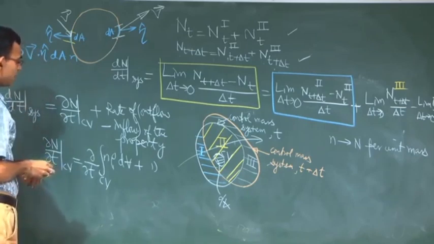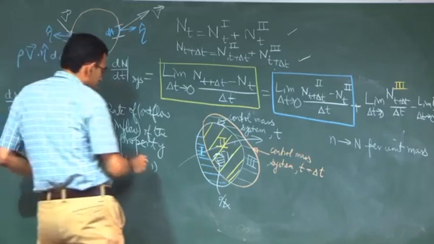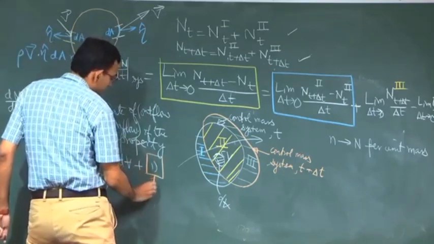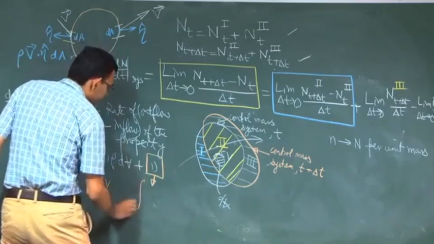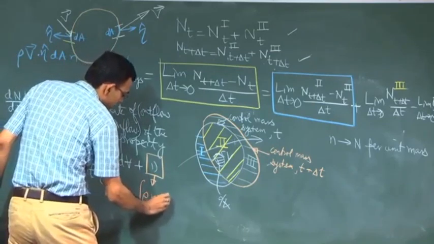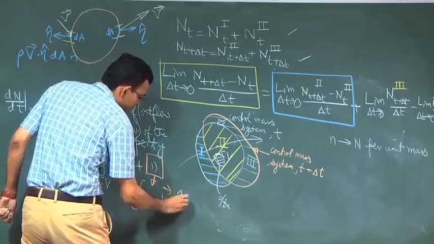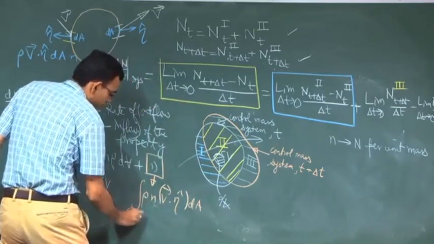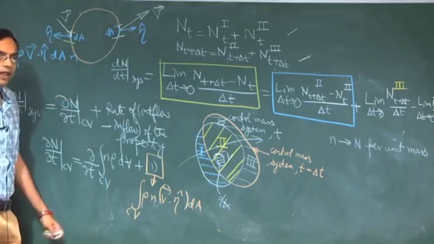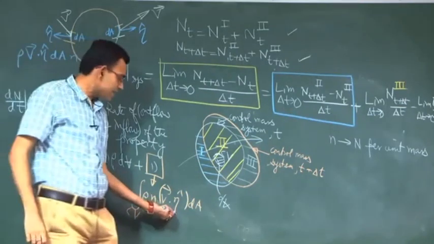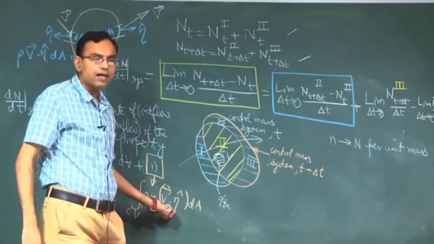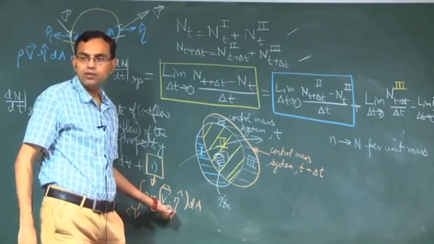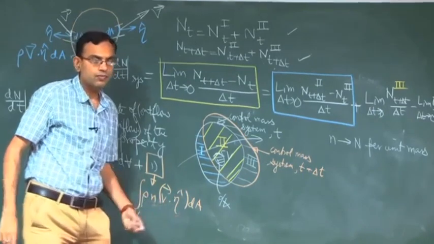So, instead of outflow minus inflow, we can write this simply, where a plus value of this will imply outflow and a minus value of this will imply inflow.